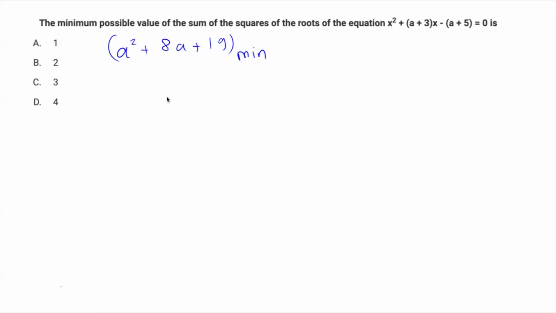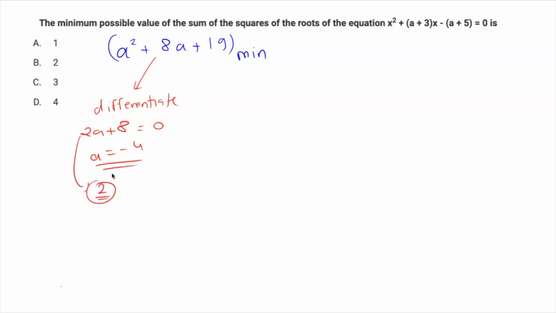So now on, we have several ways we can use the process of differentiation. If you know derivatives, you can differentiate with respect to a. You will get 2a plus 8 should be 0. A is minus 4. And second derivative is basically 2, which is positive. That means you have a minima or a minimum value.